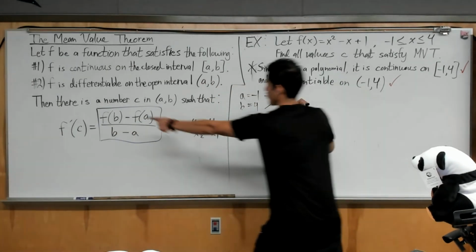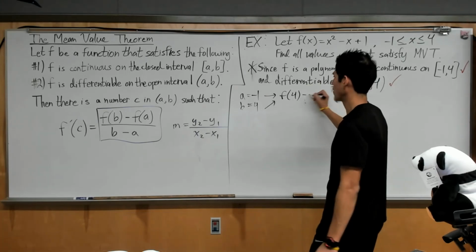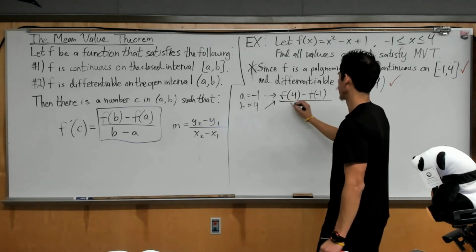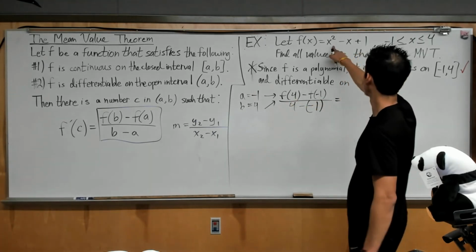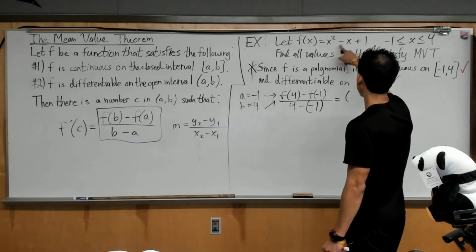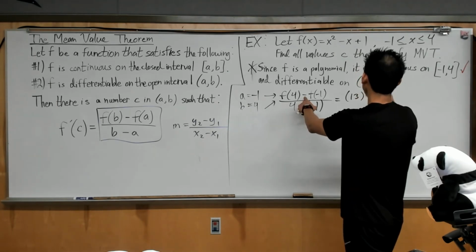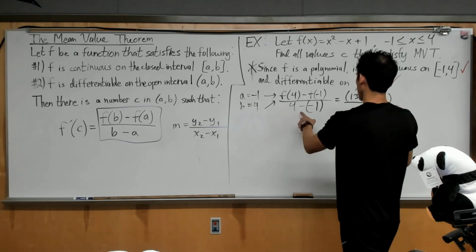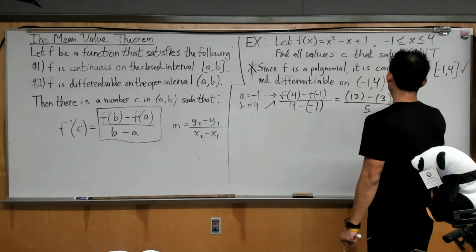Then f of B, we got f of 4 minus f of -1 over 4 minus -1. F of 4 will be 16 minus 4, 12, plus 1, 13. Minus f of -1: -1 squared is 1, plus 1, plus 1, so 3. Over 5, so 13 minus 3, so 10 over 5, so 2.